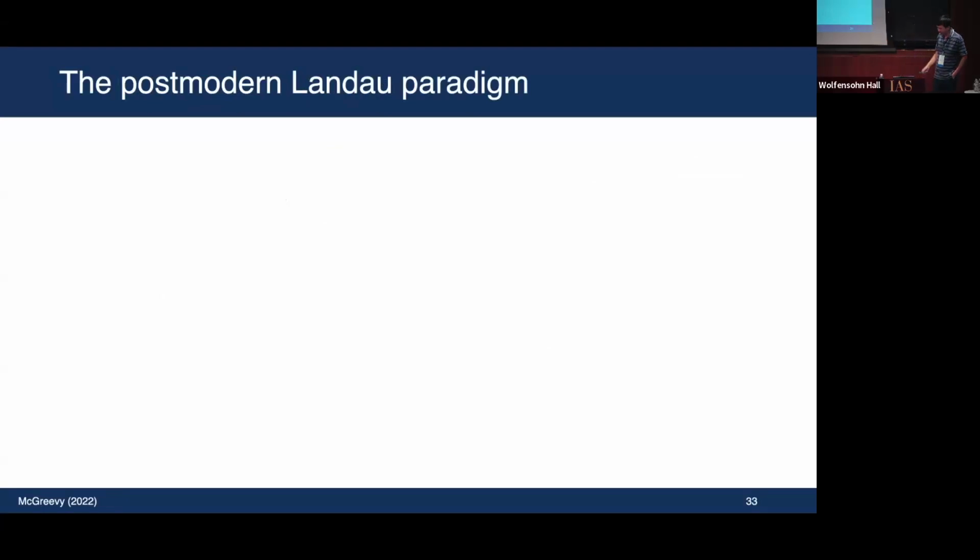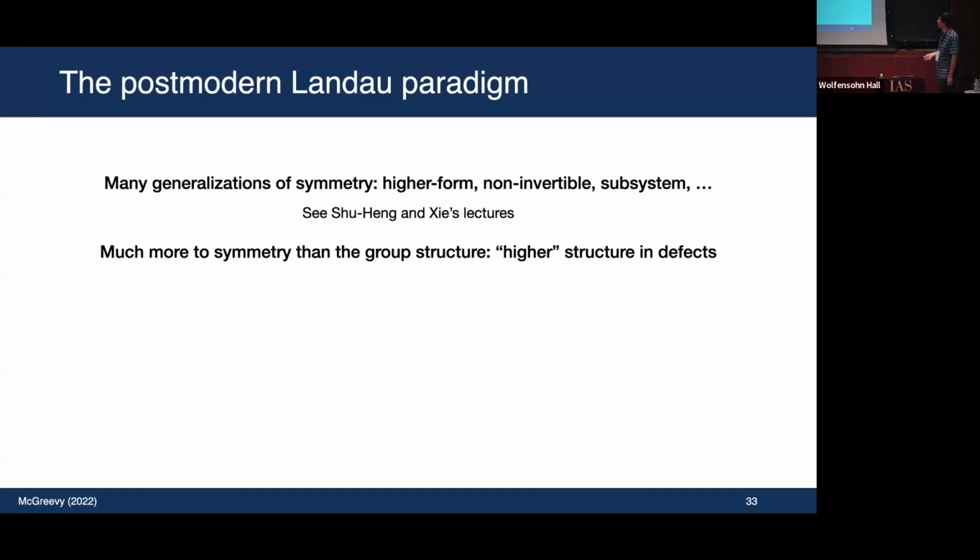I think there's the idea that with sufficient generalization of symmetry, we can even account for these more exotic phases, which were thought to be beyond the Landau paradigm. But now they could be under the umbrella of a more general Landau paradigm once we sufficiently generalize the notion of global symmetry. So I'm sure you'll hear more about this from Shu-Chen and Xie.